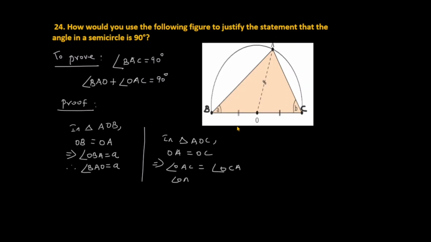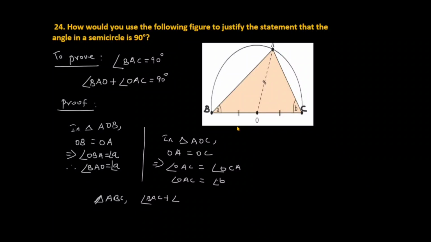So angle OAC is equal to angle B, from the diagram we can take that. Now for our required angle, look at the full triangle, triangle ABC, and use the angle sum property.